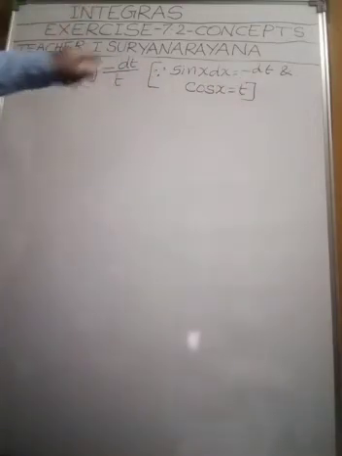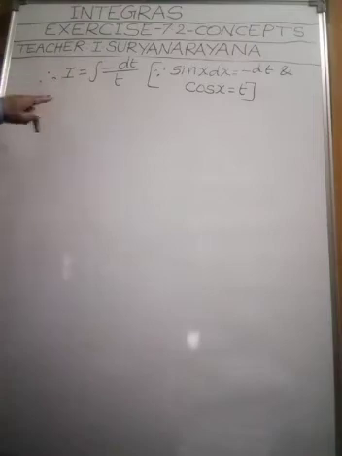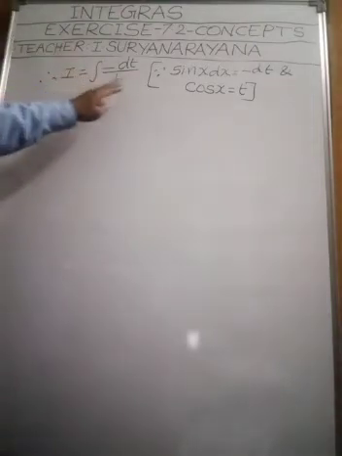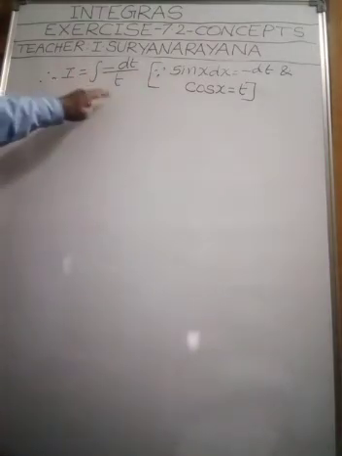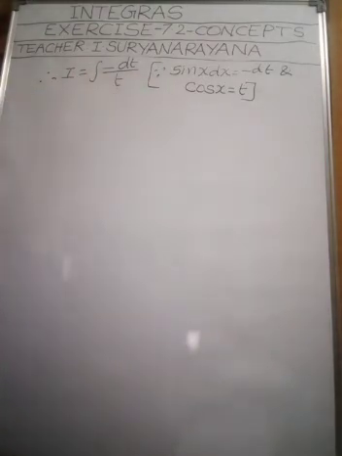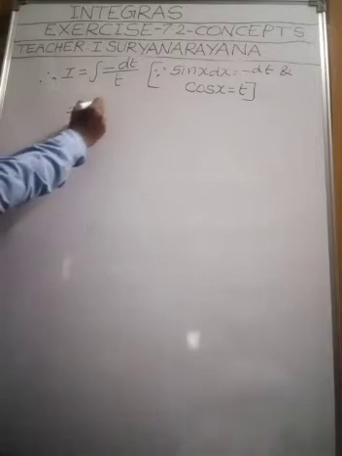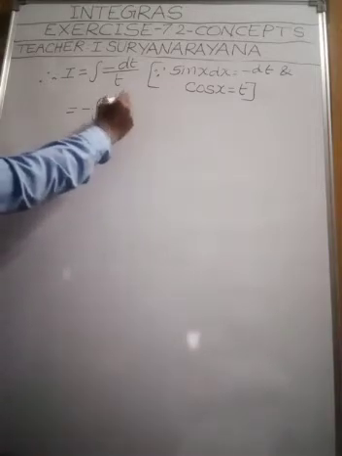We are using those results here. Understood, my children? In the given integral, we substituted these two values, then we get this step. Understood this step, my children? Right. This is equal to minus dt by t.